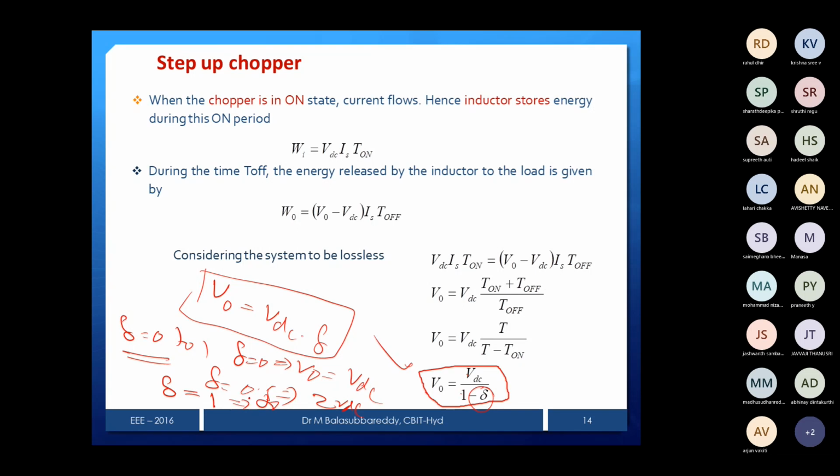Then your output voltage will be infinity. So that shows output voltage varies from VDC to infinity. Whereas in the step down case, output voltage varies from 0 to VDC. So this is the difference between step up and step down choppers.